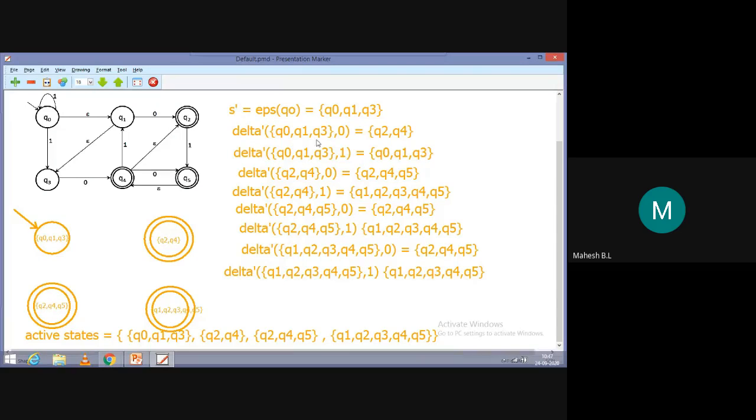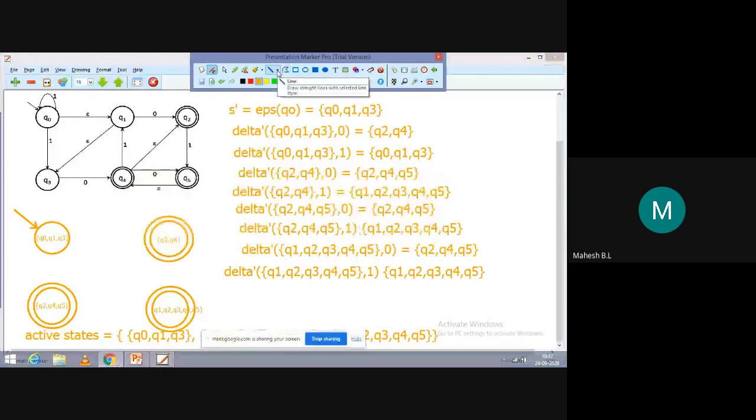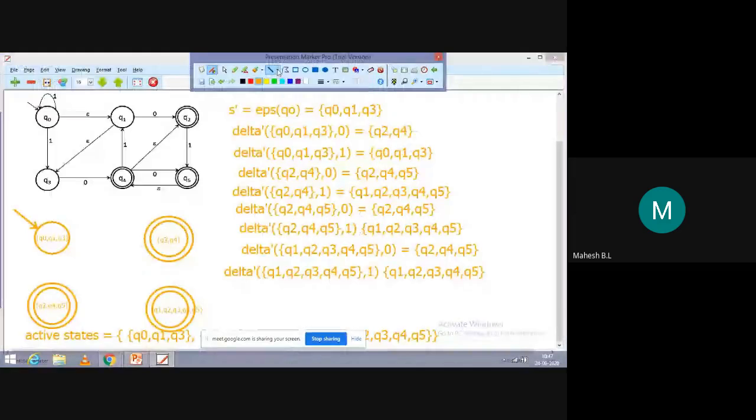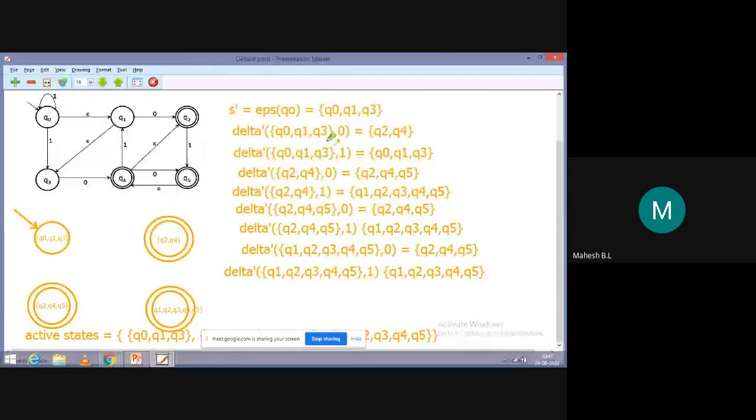Then delta dash of 0, where it goes. I hope it's clear to you. So here on 0 we make a transition to which one?